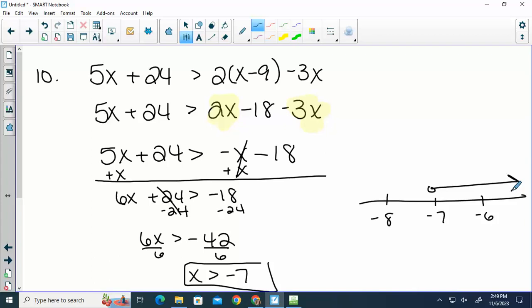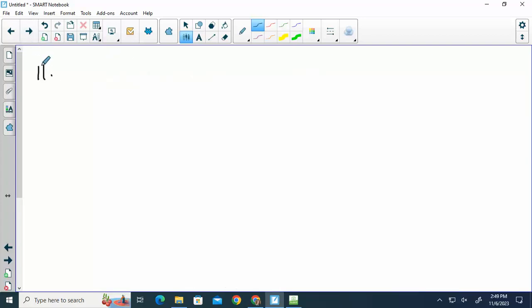So number 11 is going to be very similar. You have to remember first on these problems, you're distributing if you need to. When things are on the same side, you just add or subtract as it's written. You don't have to act like you're moving it to the other side or anything. So problem 11.